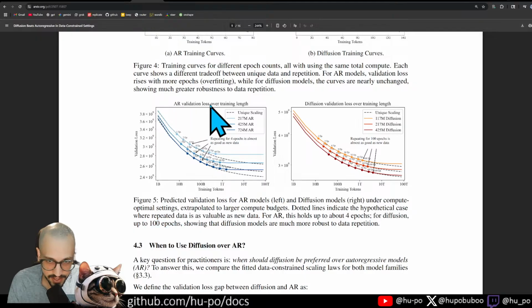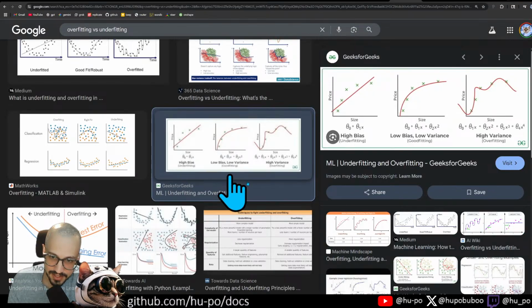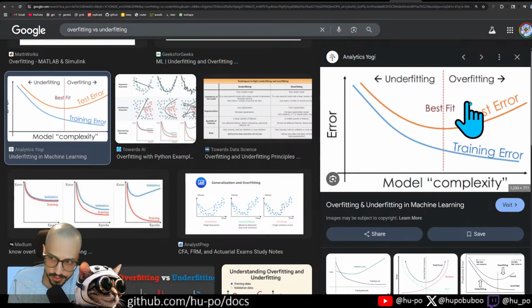This is AR validation loss over training length, right? So validation loss means the loss of your model on a holdout data set, right? So it's different from the data that you're pushing gradients through, right? So it goes back to this right here. Here they call it test and training, but you can also call it training and validation.